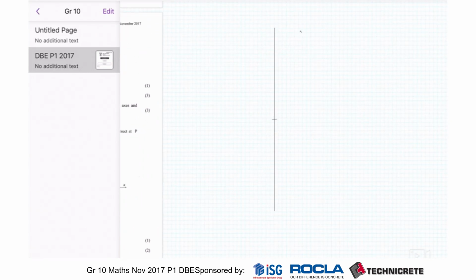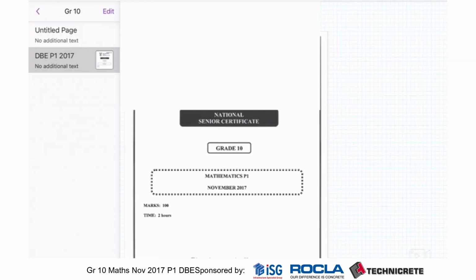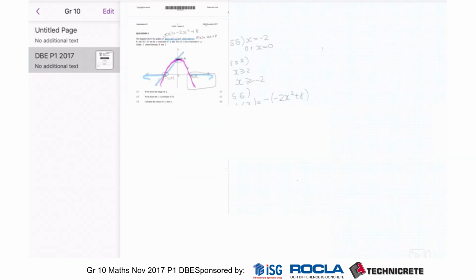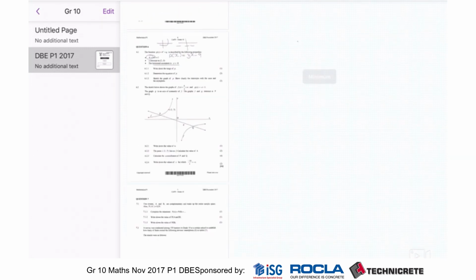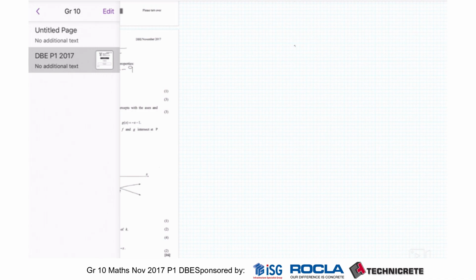Okay, so let's draw our graph and revise what we've been given. So we're going to want to draw our x-axis and my y-axis.